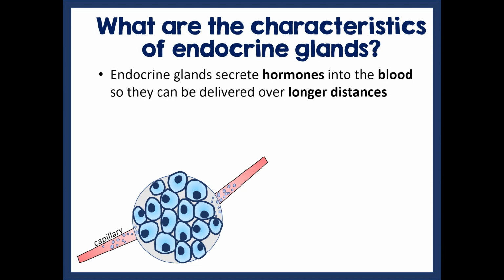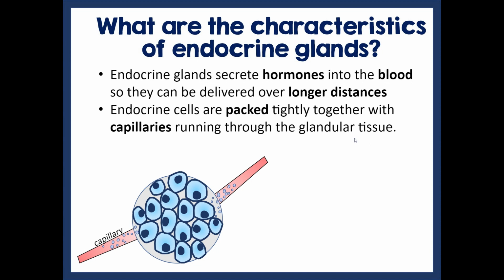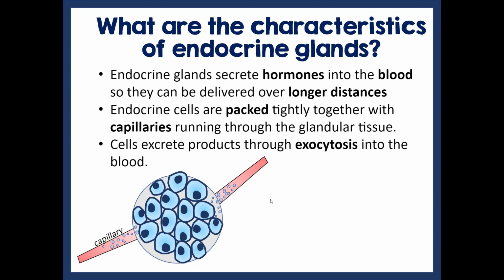Once you get those hormones into the blood, they can more easily spread to other parts of the body. And endocrine cells are packed tightly together with capillaries running through the glandular tissue. The capillaries are going to be where the blood is flowing. So these two are closely packed together, the endocrine cells and the capillaries.